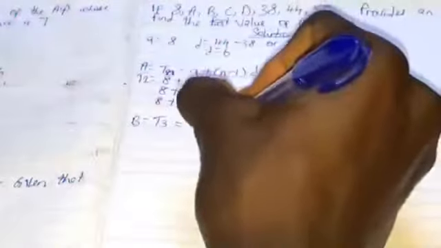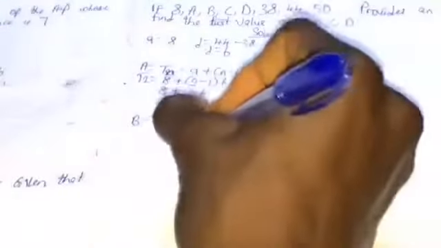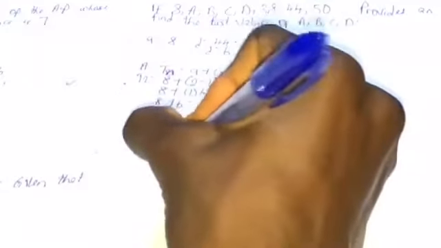Your B is equal to T3, which is equal to 8 plus 3 minus 1 in bracket your common difference 6, which is 8 plus 2 in bracket 6. 8 plus 12. Therefore, your T3 is equal to 20.